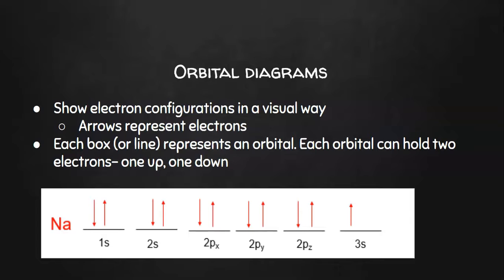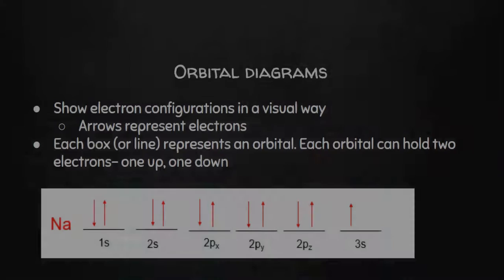So since it's 1s2, in the 1s orbital, we draw 2 arrows to represent the 2 electrons, one up, one down, and so on and so forth. 2s, we draw 2 arrows, one up, one down, to represent the 2 electrons. We have 3 2p orbitals, and each of them gets 2 electrons, one up and one down. And then since it ends in 3s1, we only draw 1 arrow in that box or line.